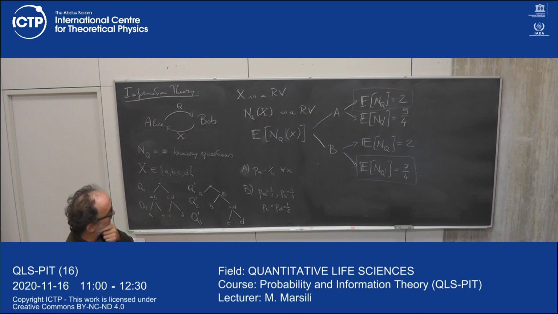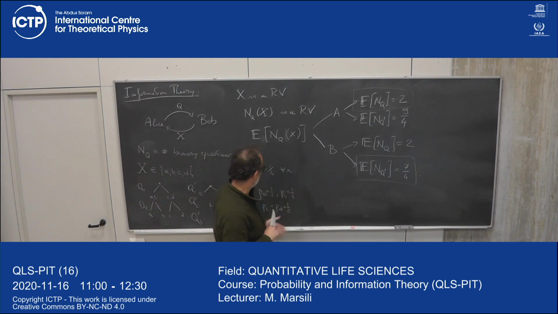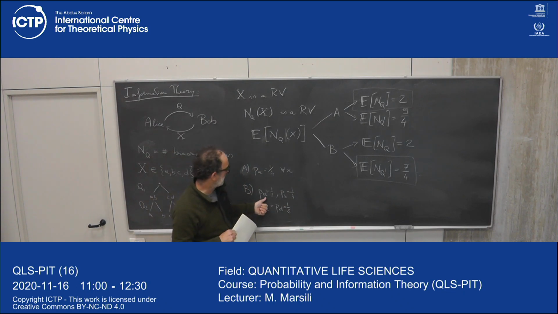Notice also another property that these results do not depend in any way on what we are talking about, what A, B, C, or D are. It only depends on their probabilities, okay?